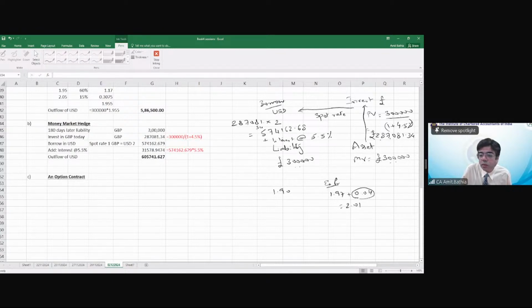This is a cost which I have already paid, so that is a sunk cost for me. But my comparison here is going to be essentially between 1.90 and 1.97.